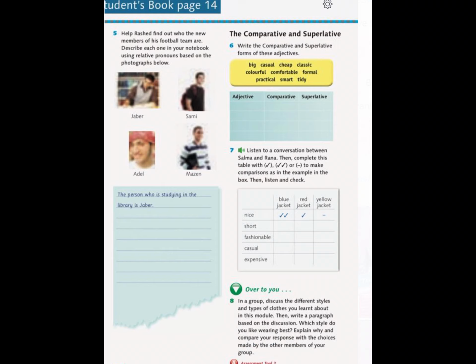Little for the comparative becomes less, and little for the superlative becomes the least, L-E-A-S-T, يعني الأقل يعني أقل شيء. And our final word is far يعني بعيد. Far for the adjective becomes farther for the comparative. Farther يعني أبعد.